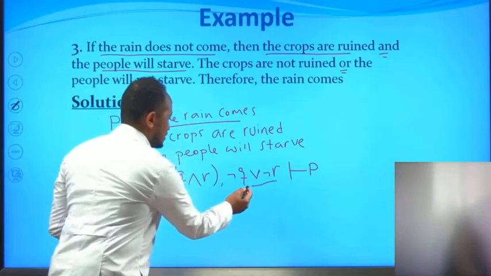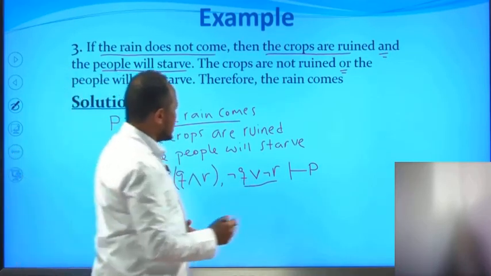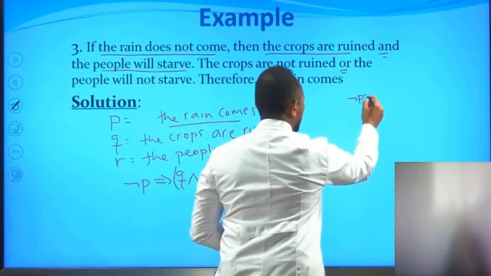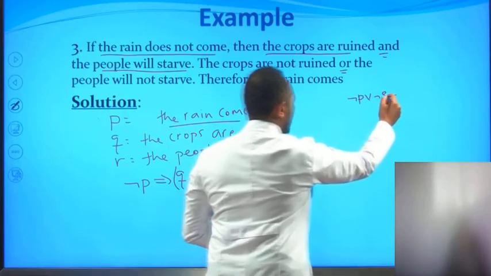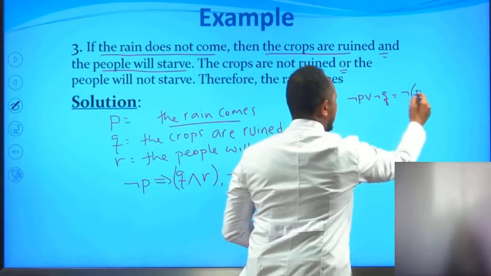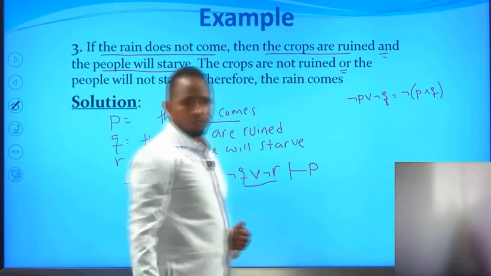Let's see this one. Let's use one property, De Morgan's law. Negation of P or negation of Q can be written in this form. You can take the negation as common and convert "or" into "and". I can write it in this form.